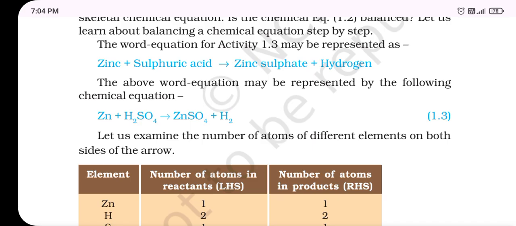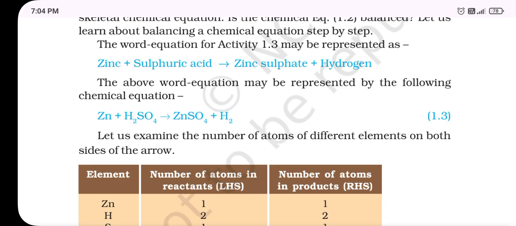And how is sulfuric acid formed? The answer is hydrogen plus sulfate ion. What is the sulfate ion? SO4 2 minus, with the 2 minus at the upper right side of SO4.